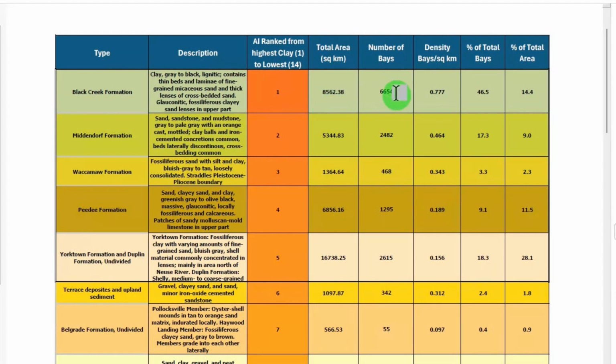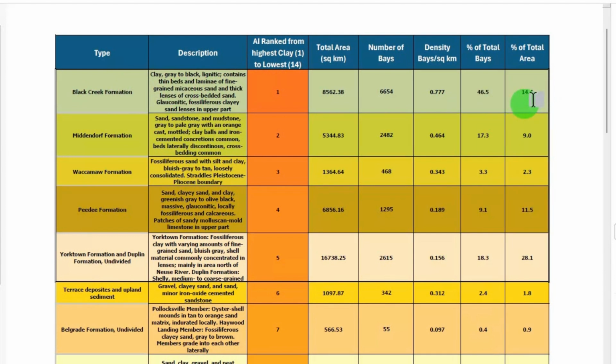The number of bays in that land area, this is a density, which is the number of bays per square kilometer. This number here is the total percentage of the bays. In other words, this 6,654 bays is 45% of all the bays in North Carolina. So just that one Black Creek Formation is 45%.